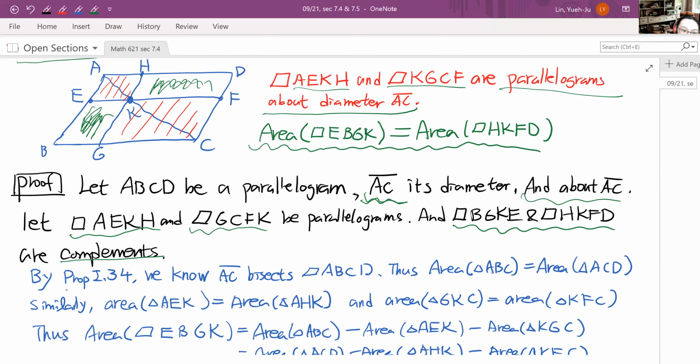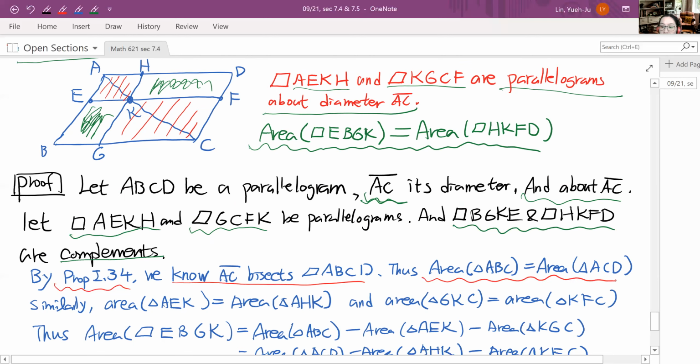So again, by what we already saw before from the previous section, proposition 34, we know that the diameter always cuts the parallelogram in half, right? So right away, if you look at the largest parallelogram ABCD, because we know AC is going to cut ABCD in half, we know the triangles ABC and ACD should have the same area. Okay, that's the largest triangle we can have.